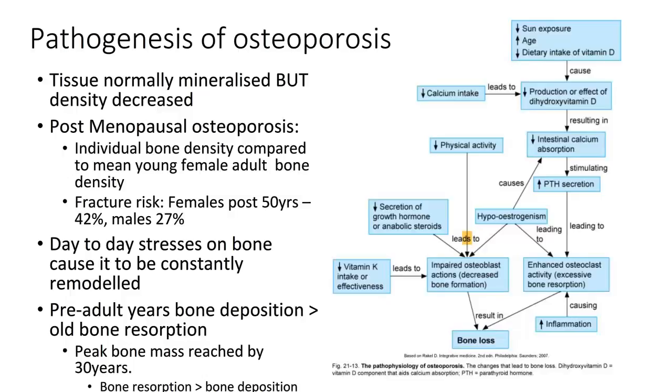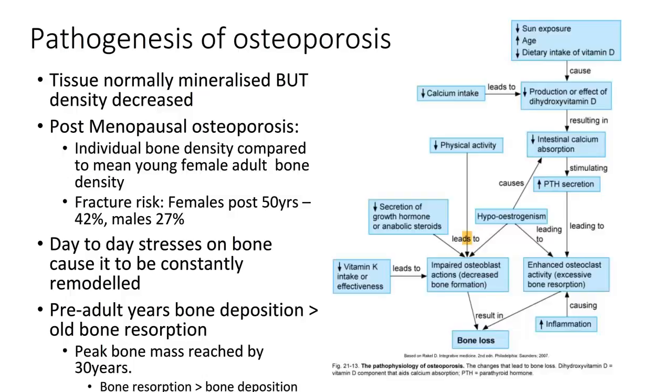Now, as soon as we don't have enough plasma calcium, we will see an increase in PTH secretion, and as soon as we see that, we see increased osteoclast activity, which is the cells that are going to release the calcium from the bone, and so we get this excessive bone resorption in order to maintain the plasma calcium levels.